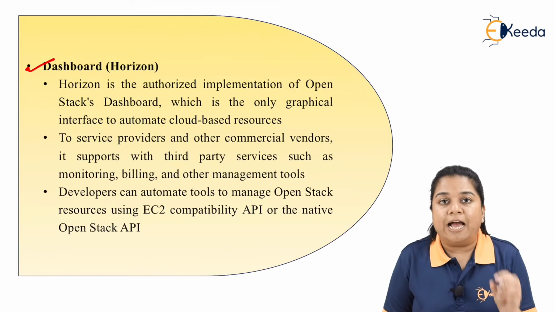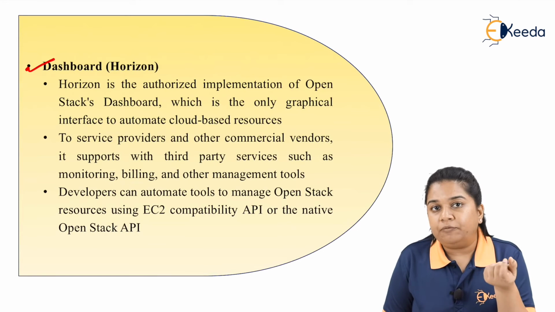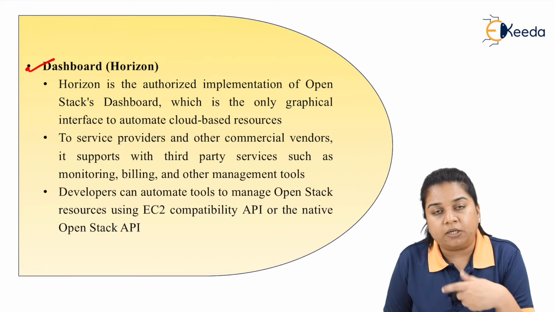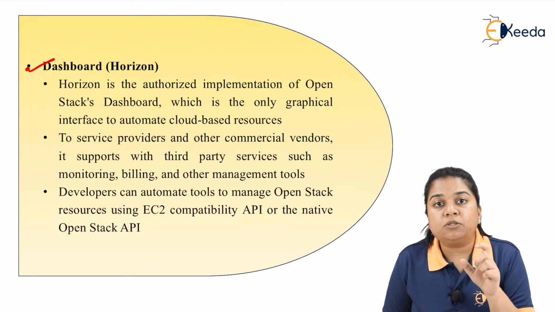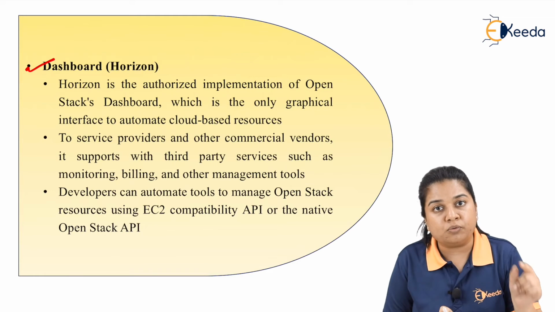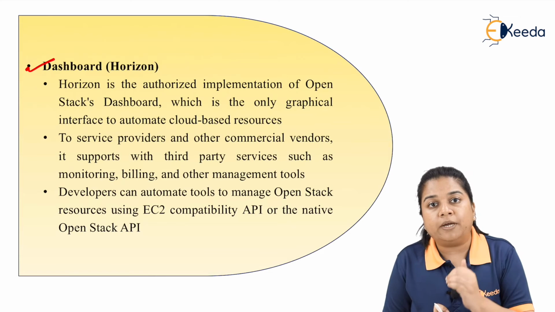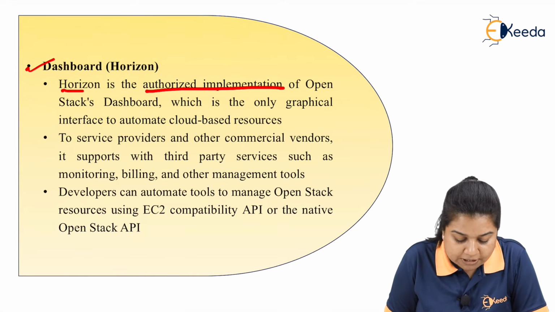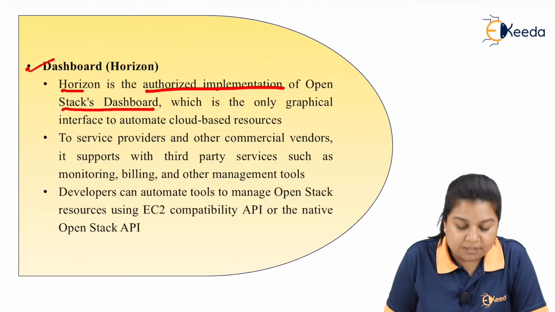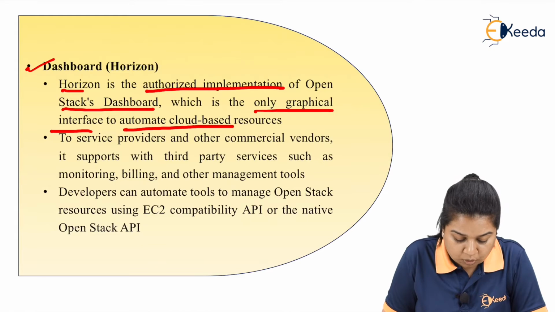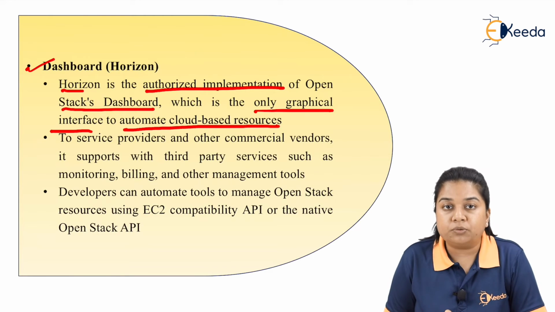Then comes the dashboard. The dashboard, or we could say Horizon, is the component for OpenStack cloud architecture. Horizon provides a user interface, or it acts as a dashboard for the users to get into the OpenStack architecture. Horizon is the authorized implementation of OpenStack's dashboard, which is the only graphical interface to automate cloud-based resources.